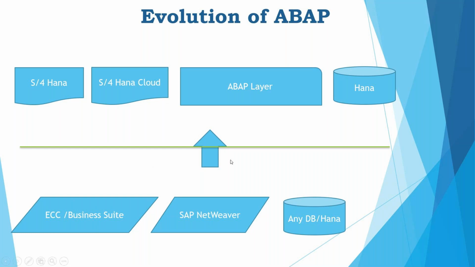Now we have moved from ECC, NetWeaver, and Oracle DB to the S/4HANA on-premises system. We are moving to S/4HANA Cloud, public and private cloud. We are moving ABAP from on-premises to the BTP ABAP layer for public cloud as well as private cloud, and we have the HANA database. So this is the evolution that is happening.